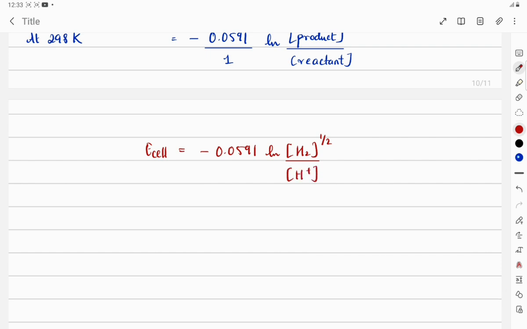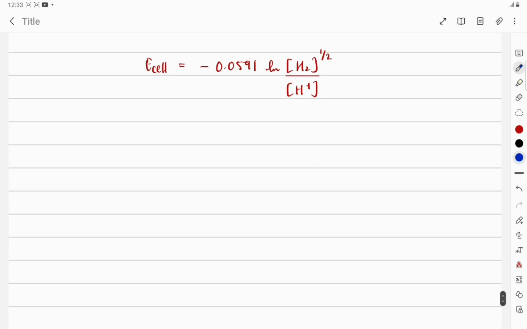One important thing you might be knowing, but I'll say it again for you. The concentration of solutions or any species in solution will be taken in molarity or concentration terms itself. But any species in gaseous form will be considered in terms of pressure.